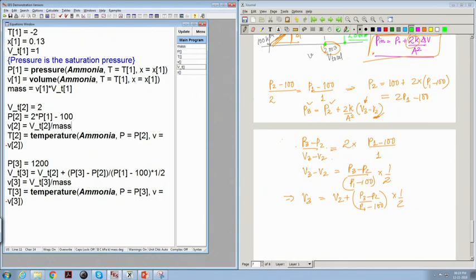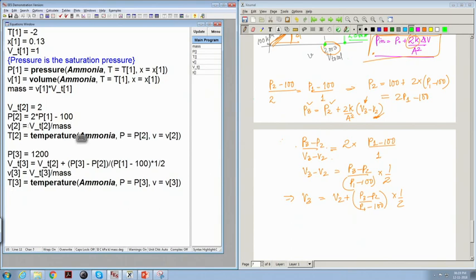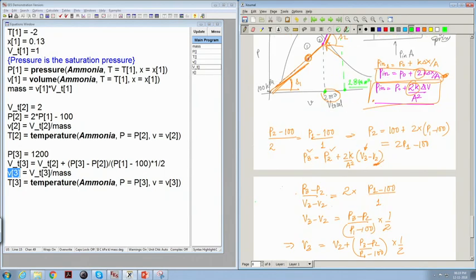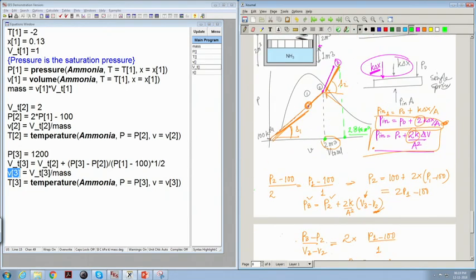So now we have the specific volume at 2 and the specific volume at 3, and V3 we have estimated using this equation. So V3 equal to V2 plus this, because we have made use of the fact that the slope is twice.